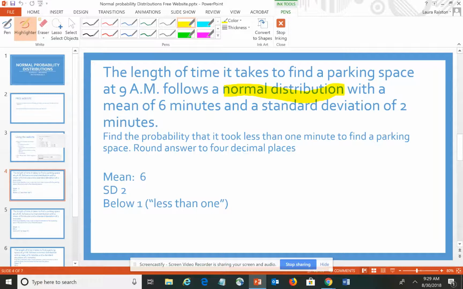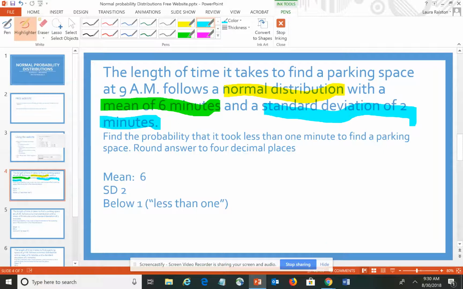So we know that we have a normal distribution. We also are told that the mean is 6 minutes, and that the standard deviation is 2 minutes. Okay, so that's the information that we need. We have to know that in order to work the problem.